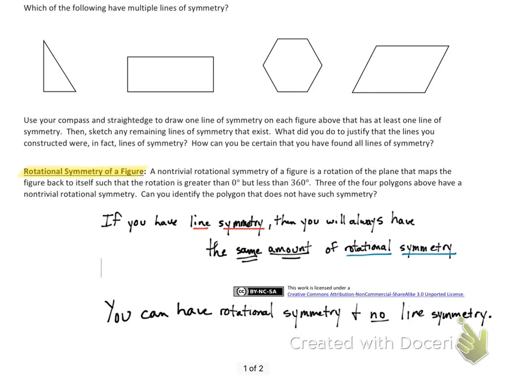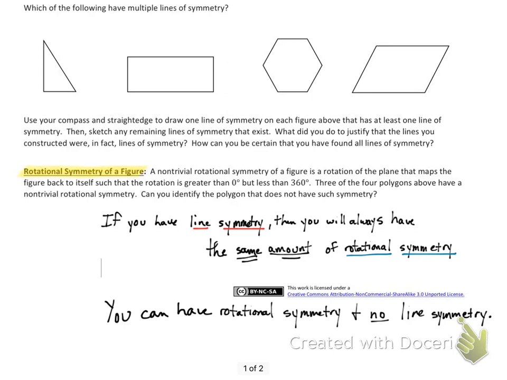And that means, we already talked about regular, that all the lines are the same length, all the interior angles are the same angle. And so the main point with that is that you will never have more line symmetry or rotational symmetry than the number of sides. So this has the maximum amount of symmetry that a hexagon can have. It has 6 lines of symmetry, 6 rotational symmetry, and it cannot have more than that.